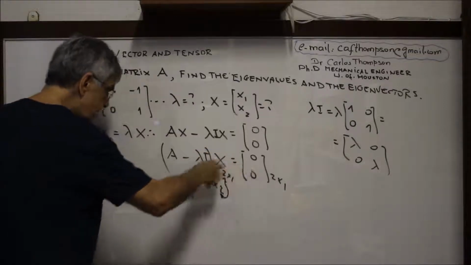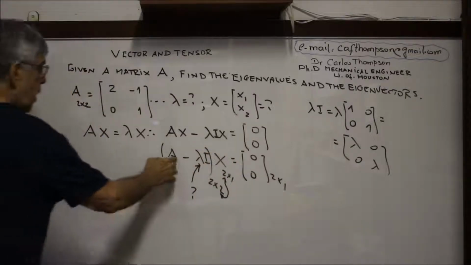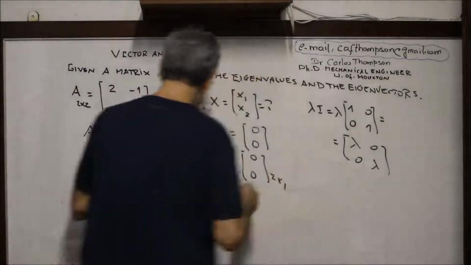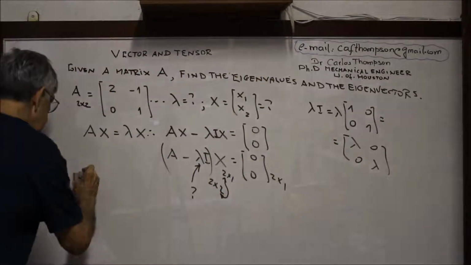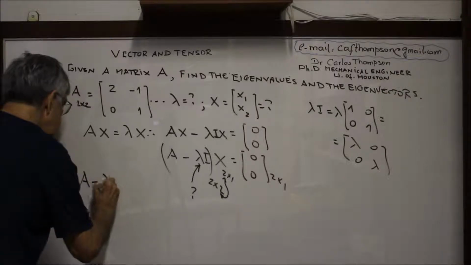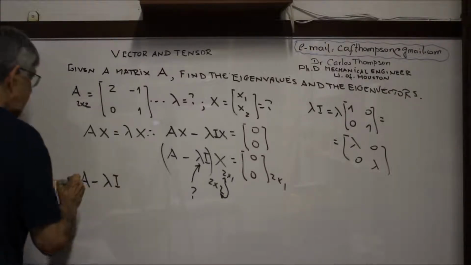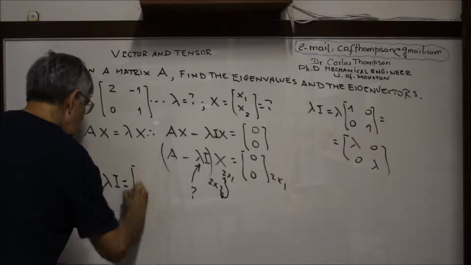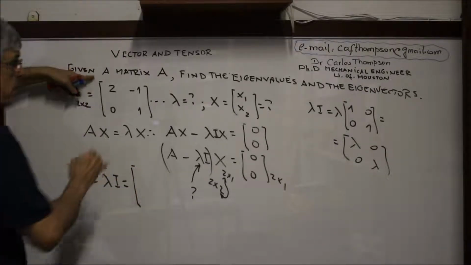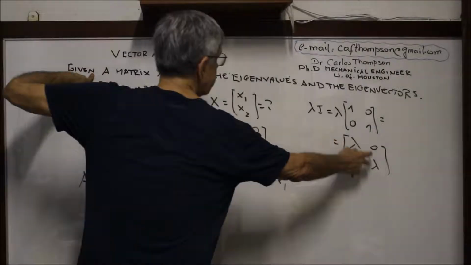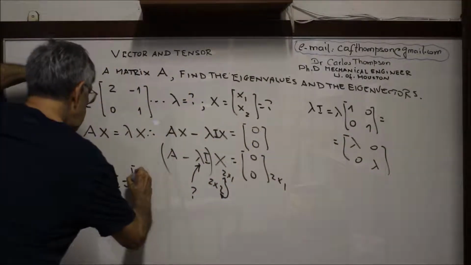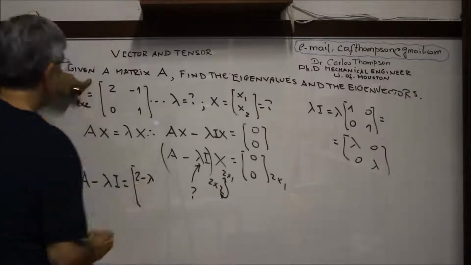Let's see here, okay. Now, A minus lambda I. Let's write down here what is A minus lambda I. So this will be 2 minus lambda.